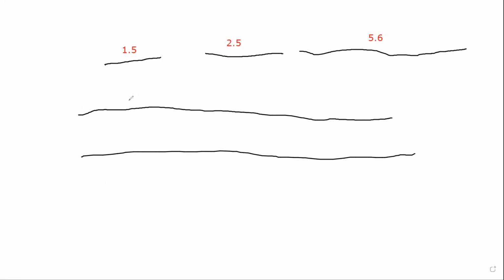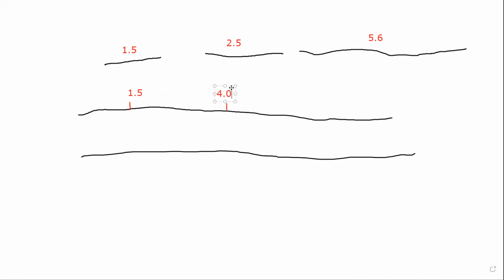Here we could have a cut site here and a cut site here, where this was at 1.5, and this one was now 1.5 plus the 2.5 together, so it would be 4.0.